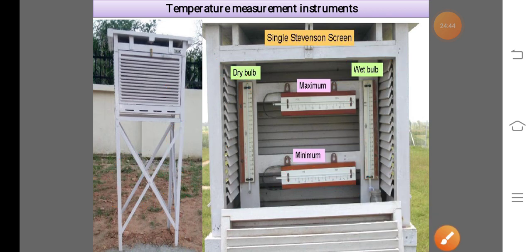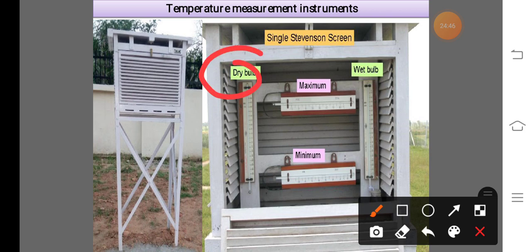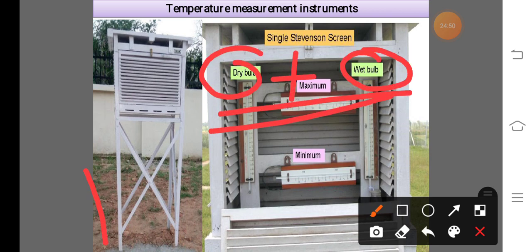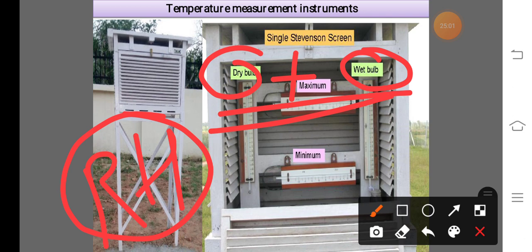And the combination of the dry bulb thermometer and wet bulb thermometer is used to find out the relative humidity of the atmosphere by using a hygrometric table, also known as the psychrometric table. It is similar to a log table. The log table, I think all of you have used in 11th and 12th standard.